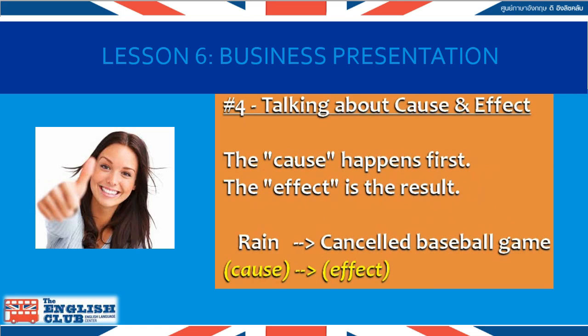Talking about cause and effect. One important element of your presentation is making logical connections between your ideas, especially cause and effect. The cause happens first, and the effect is the result. For example, if it is raining and a baseball game is canceled, the rain is the cause and the cancellation is the effect.